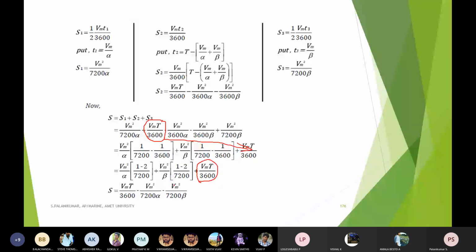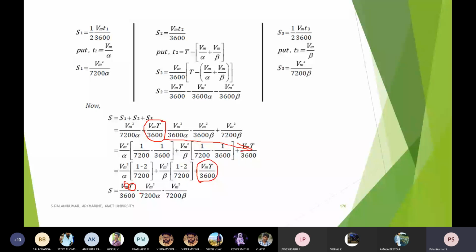And Vmt, that is nothing but the crest speed multiplied by the total time divided by 3600, minus the crest speed, maximum speed square, divided by 7200 into acceleration in kilometer per hour per second, minus Vm square, crest speed square, divided by 7200 into retardation, that is deceleration, in kilometer per hour per second.